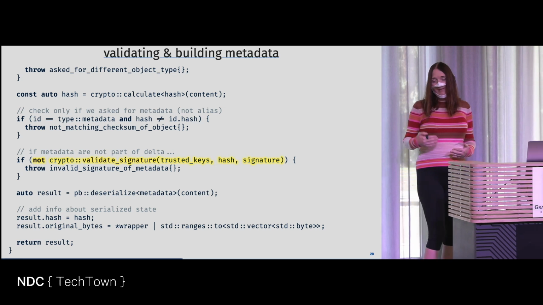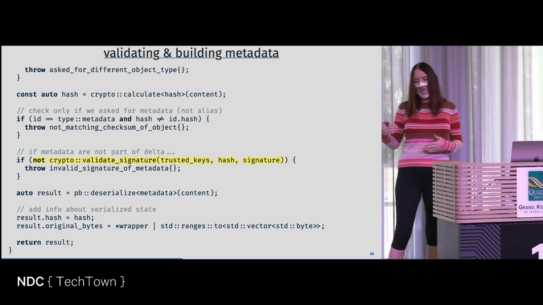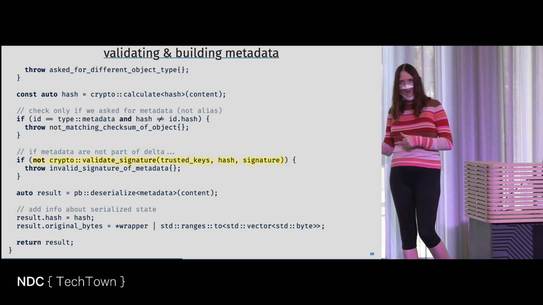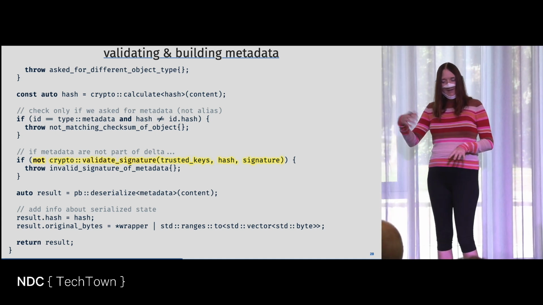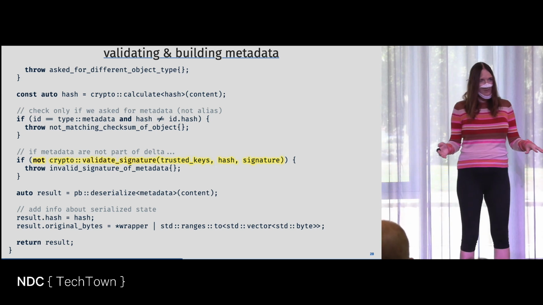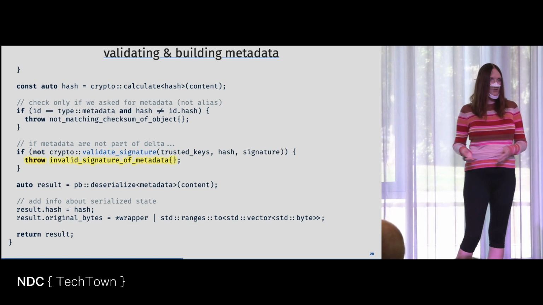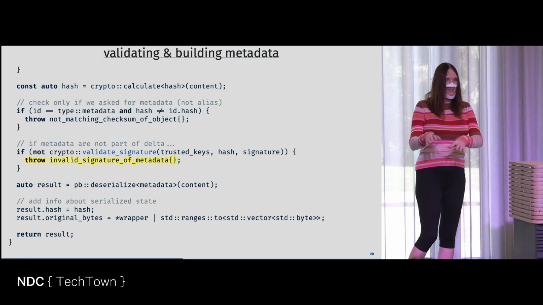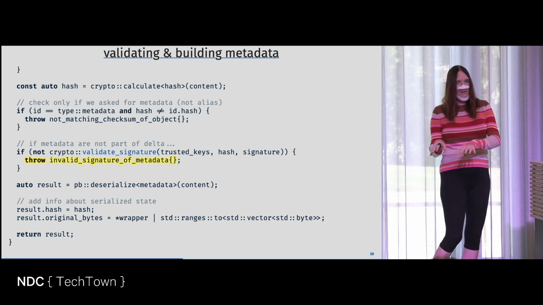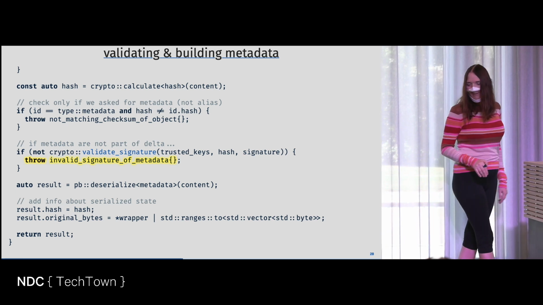And then we can validate a signature for metadata, even for alias, with some trusted keys and a hash and signature we just got. If it's invalid, we just throw an exception. This is the code. I'm not going to show you because it's not trivial, but it's not in the scope of this talk.